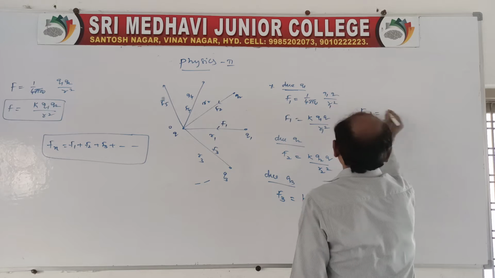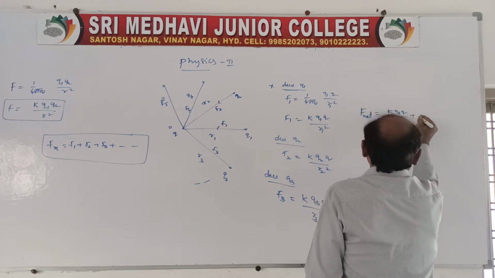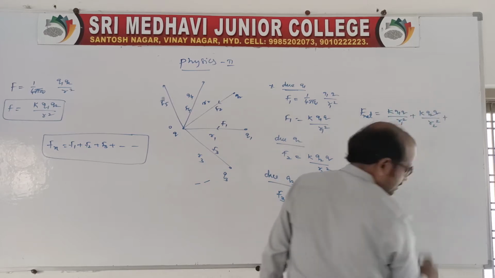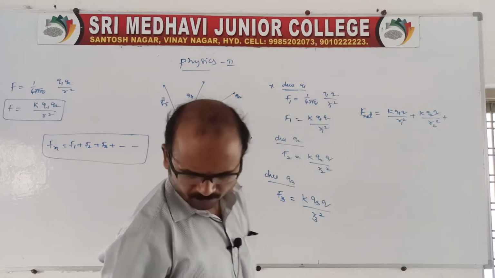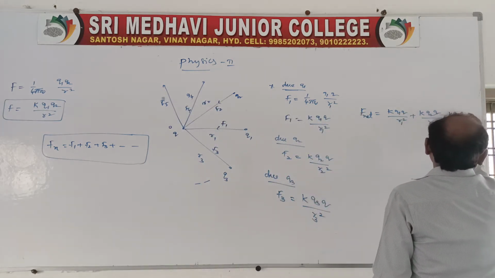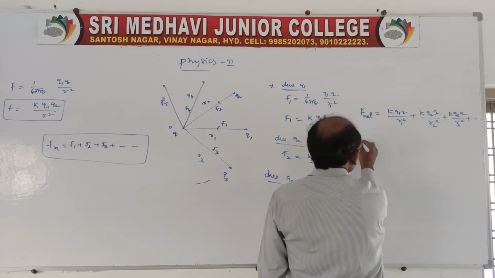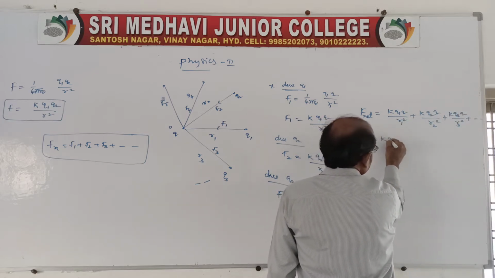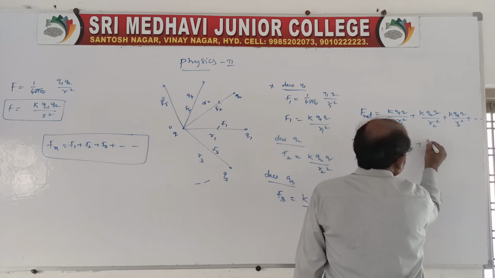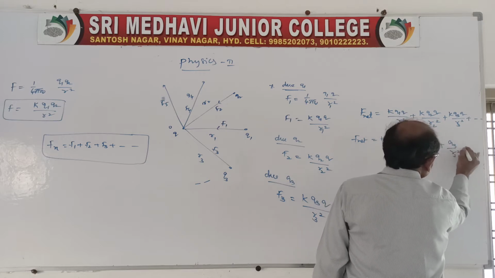It is k q1 q by r1 square plus k q2 q by r2 square plus, right, you take here k q3 q by r3 square and plus so on. So F net will be, you take k, q is common, therefore q1 by r1 square plus q2 by r2 square plus q3 by r3 square and so on.